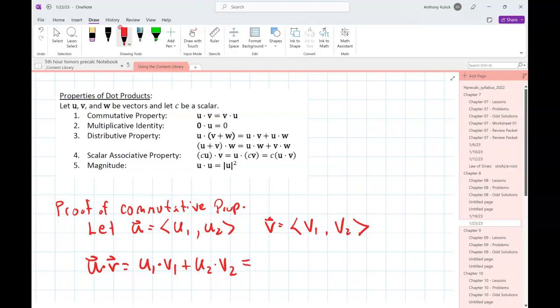So I know that I can switch the order that I do the real number multiplication, and I could do v1 first and u1 second. And likewise, I can do the same thing with u2, v2, so I can just switch the order of the multiplication. Why can I do that? Because for real numbers, multiplication is commutative. Everybody agree?